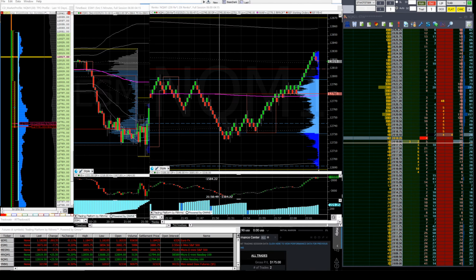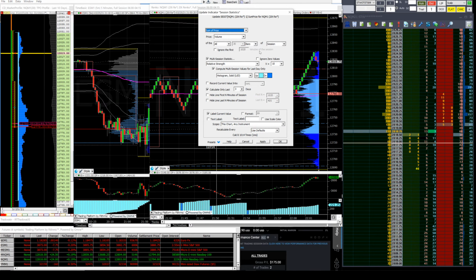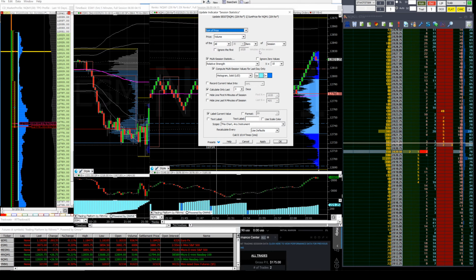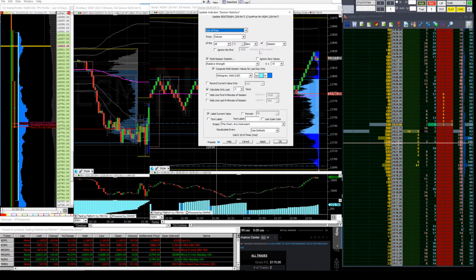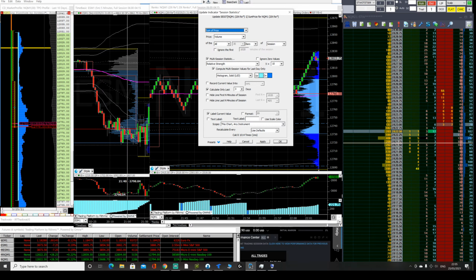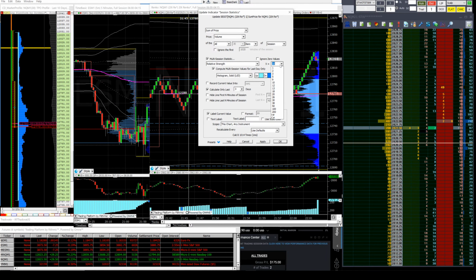Let's see if I can change the settings on this relative volume here. X equals 10. Okay. Calculate last 3 days. Let's see what X equals something else does.